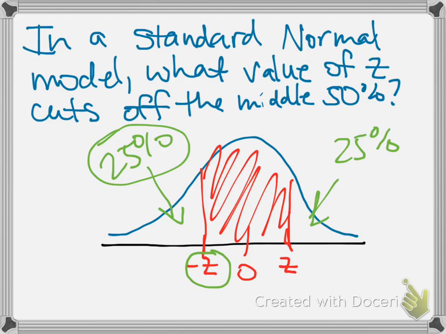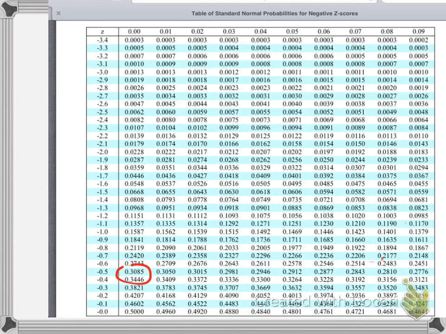So I'm going to go back to the standard normal table. And let's see, it looks like 0.25, or the closest value to 0.25, shows up right in here. Again, 0.25 doesn't exactly show up in the table, but that's okay. 0.2514 and 0.2483 are approximately evenly spaced on either side of 0.25.